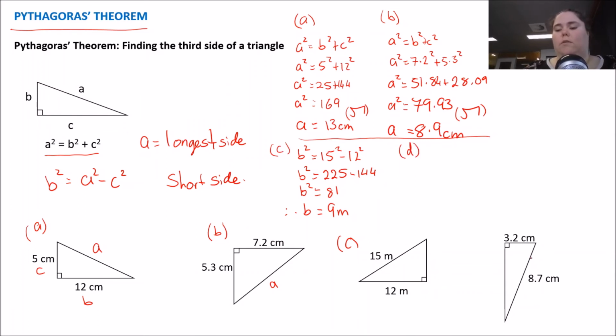Now for this last one, it doesn't look like our long side, but it is because it's opposite our right angle. So once again, looking for a short side. 3.2 squared.